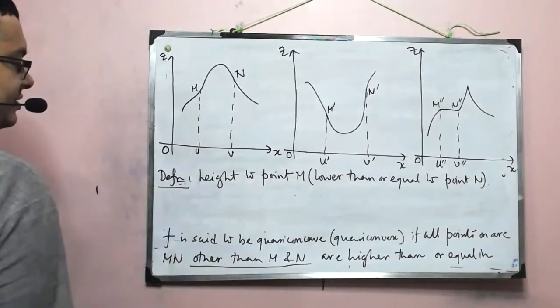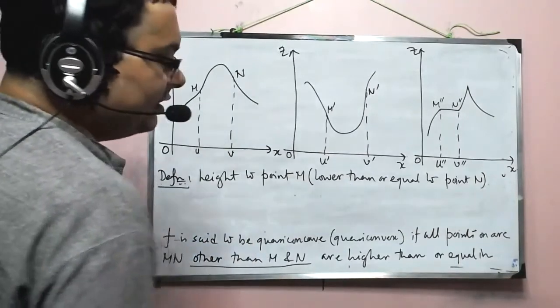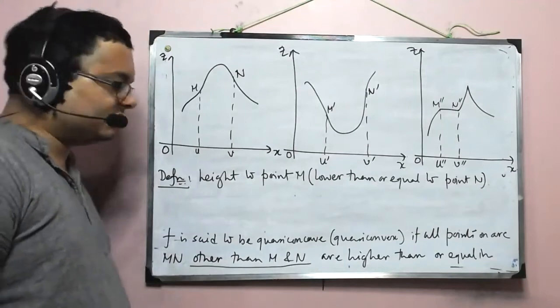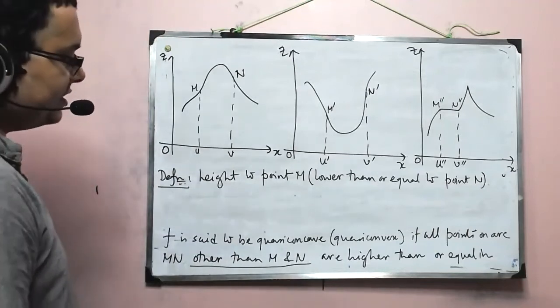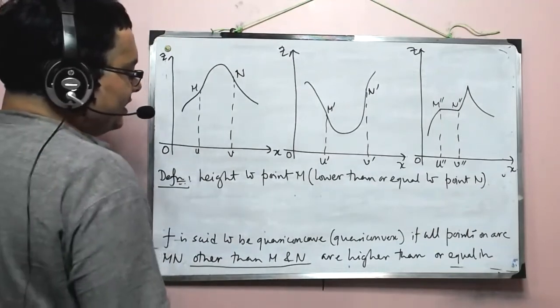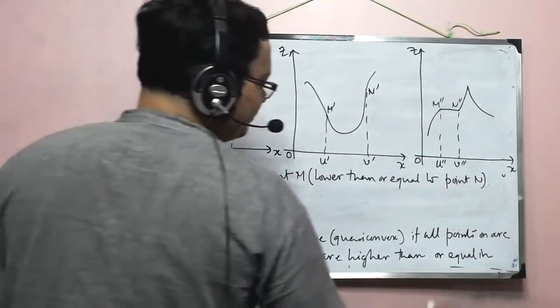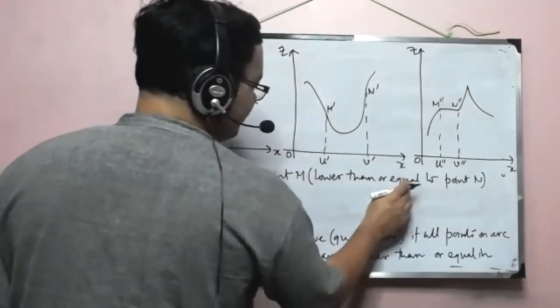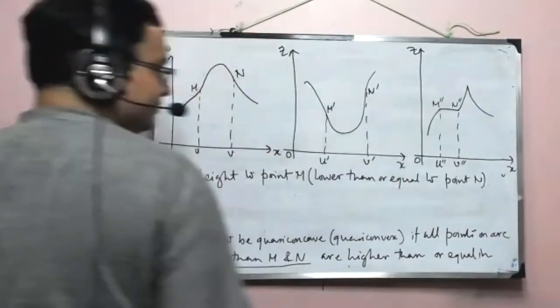Now we will introduce the strictness. How will I define strict quasi-concavity or strict quasi-convexity? I will simply erase this option of being equal.